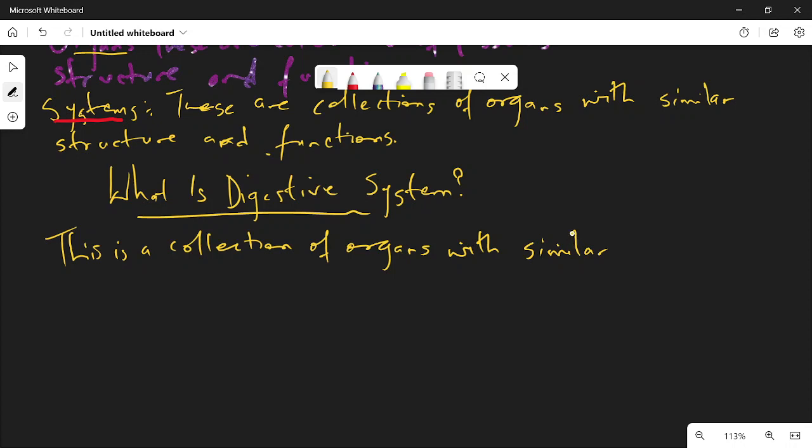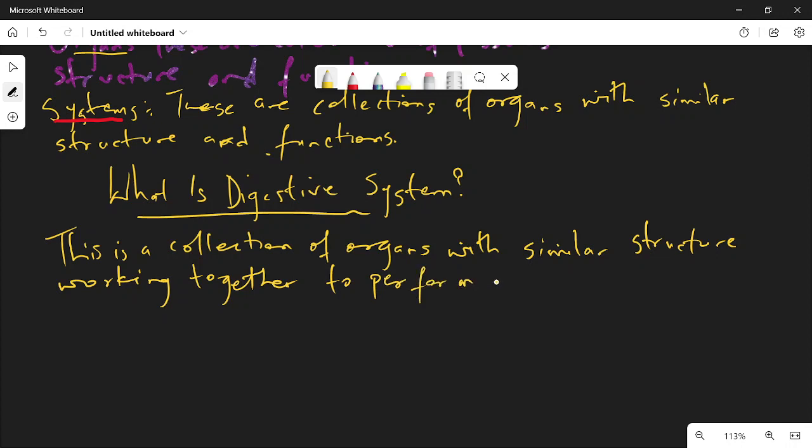The organs have similar structure, with similar structure working together to carry out or aid digestion. Are we together?